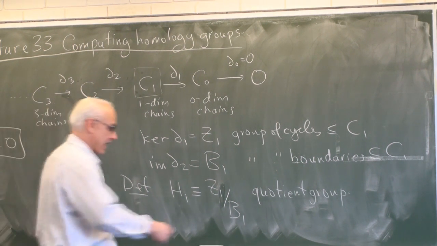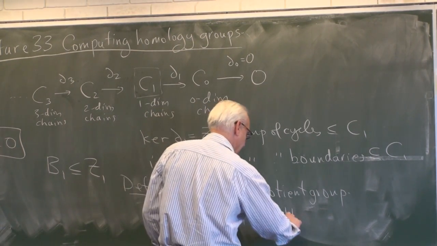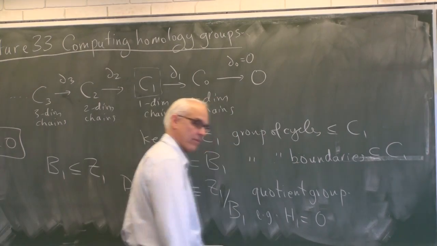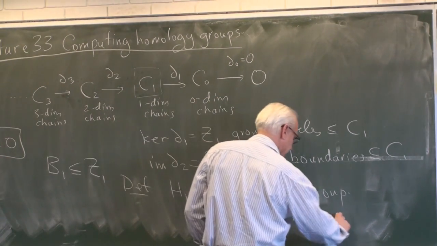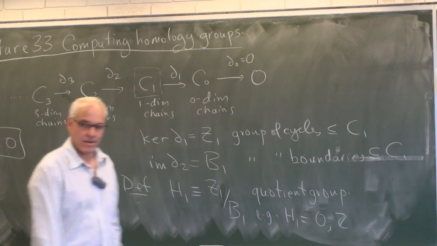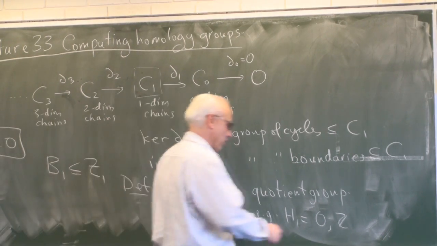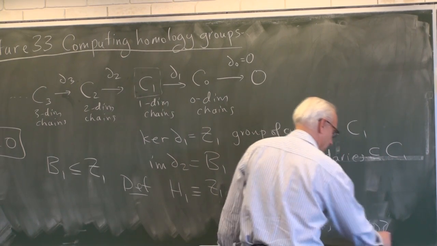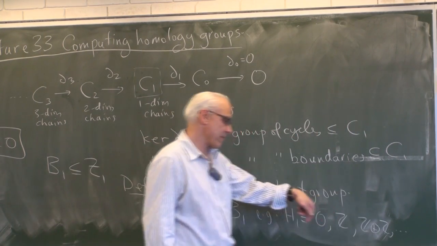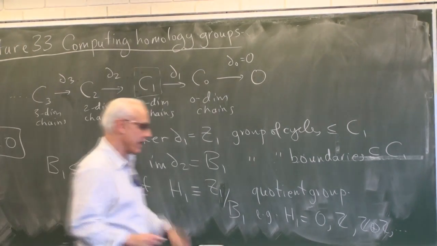So typically we might get, for example, that the homology is 0. That means just the 0 group. Or maybe we'll get the integers, the basic infinite cyclic group. Or maybe we might get Z plus Z, or higher sums of Z's. Or we could possibly get other things too.